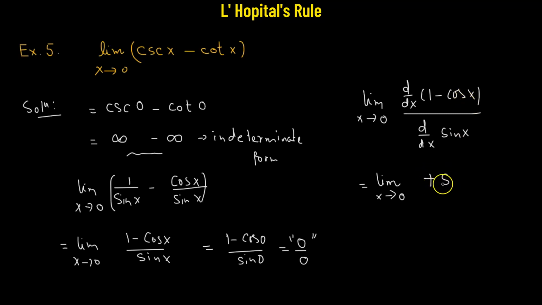So this will become positive sine x, divided by the derivative of the sine function, which is the cosine function. Now when we take the limiting value of x, we have sine 0 over cosine of 0. Sine 0 is 0 and cosine 0 is 1. So 0 over 1 is going to give us 0. So that means the limiting value of this particular function when x approaches 0 is 0.